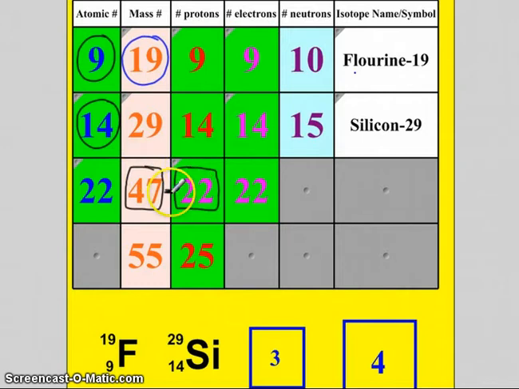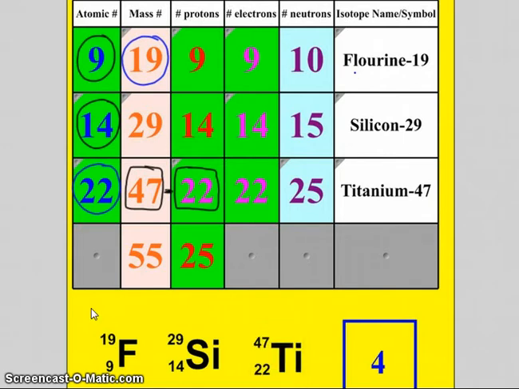So 47 minus 22 tells me I have 25 neutrons, because those are the two particles in my nucleus. Again, I look for my atomic number to take me to the periodic table. So atomic number of 22, I go there, I see it's titanium, and so this is titanium 47. So for titanium 47, down here in square 3, our symbol Ti. So yes, Ti, 47 on top, mass number, 22 on the bottom, atomic number.